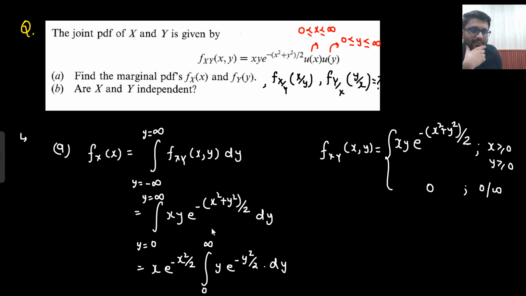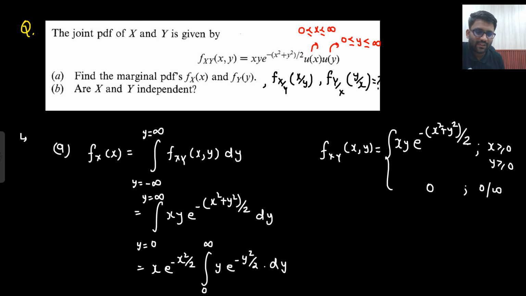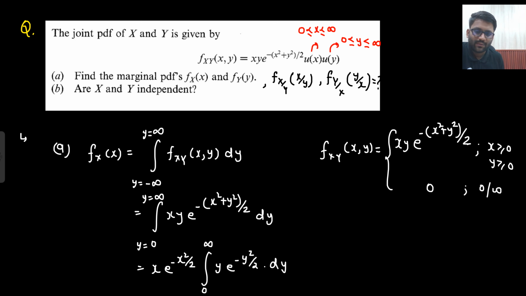So can you differentiate it? Try doing it on your own, you should be able to differentiate it. y square by 2, what you will put? As t you will put, y square by 2 will be t. So what it is becoming, f_X(x) is coming out to be, I am copying this expression, integral from 0 to infinity of y e to the power minus y square by 2 dy.